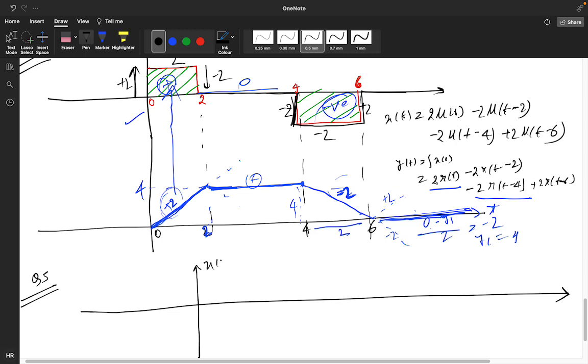Now, x of t, they had given a periodic signal, like this. It's a periodic signal.